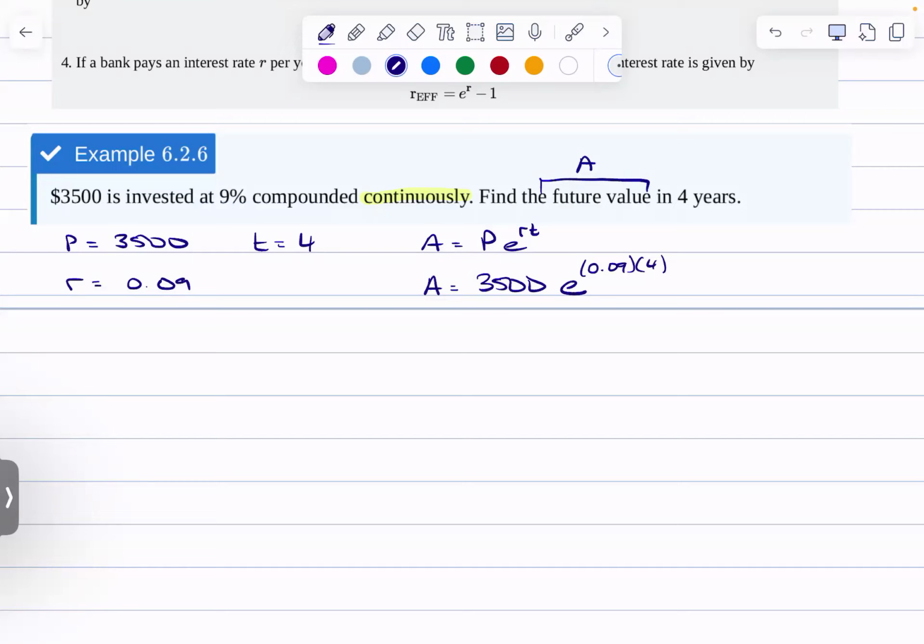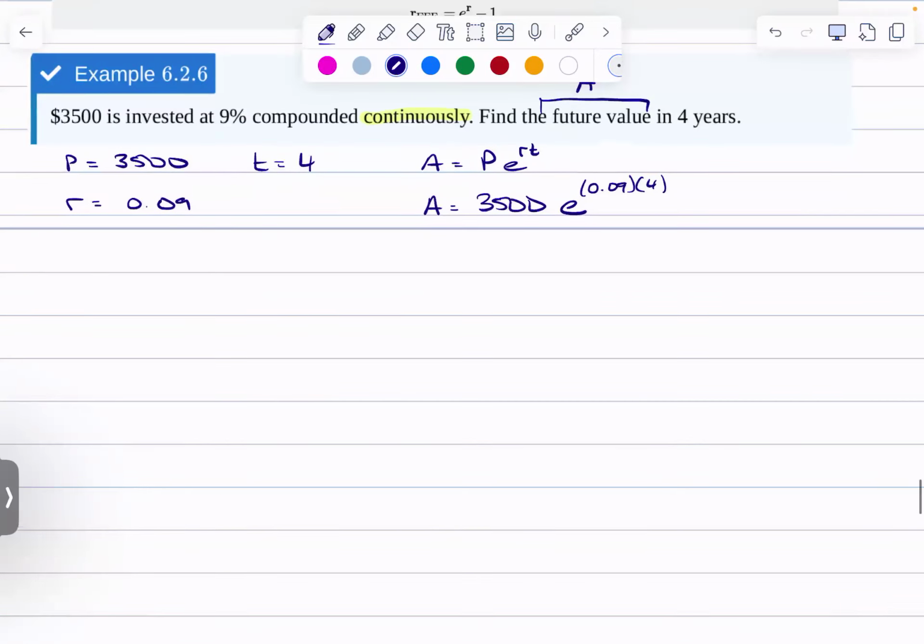Let's see here, 0.09 times 4. So on your calculator, you probably have an e to the x button. Probably.